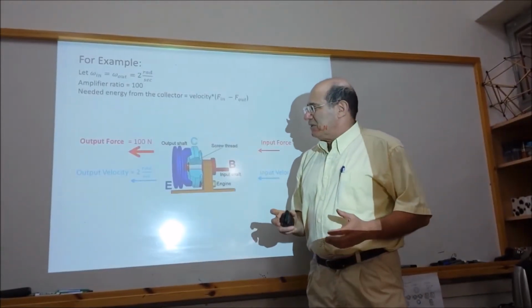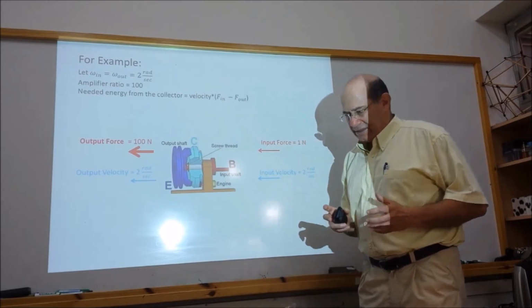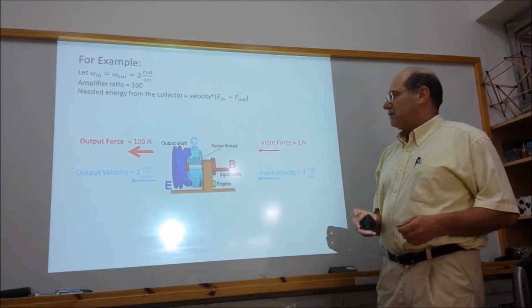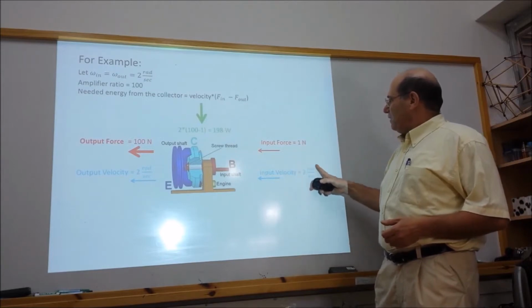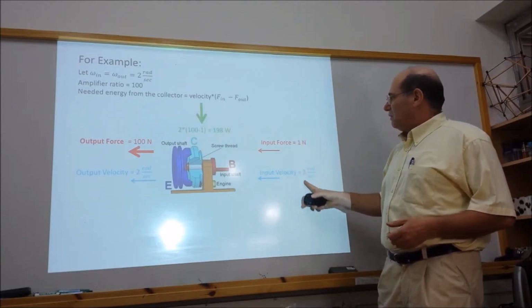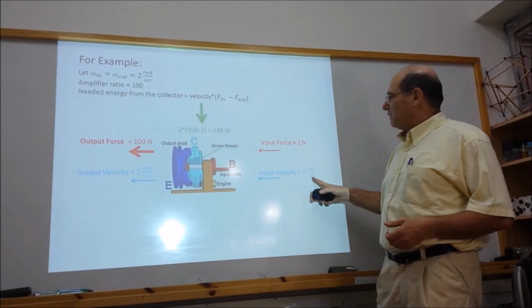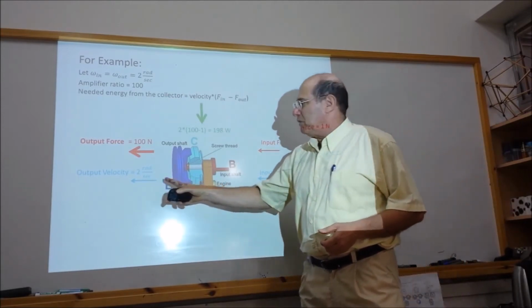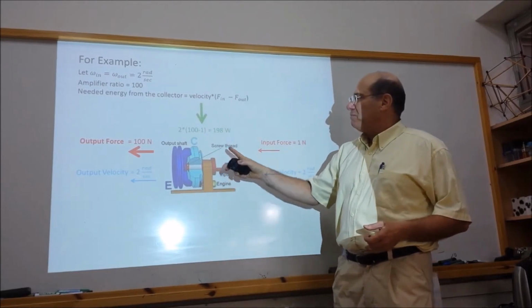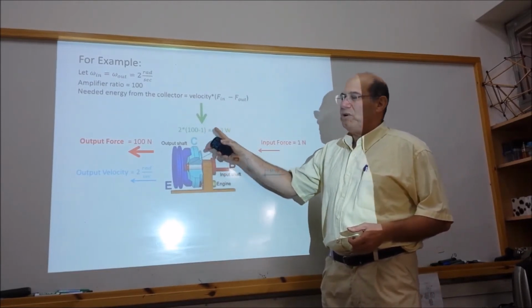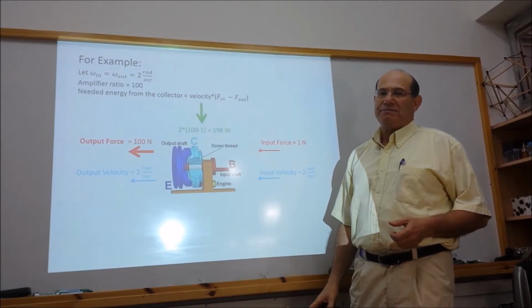Now let us observe the special phenomenon in this device. You see that, for example, if now I have 2 watt, the input power is 2, the output power here is 200. So there is missing energy of 198.